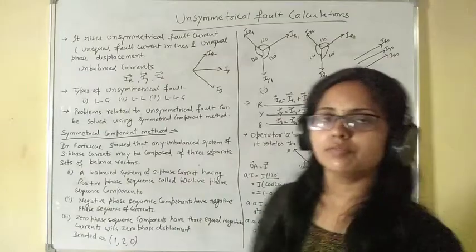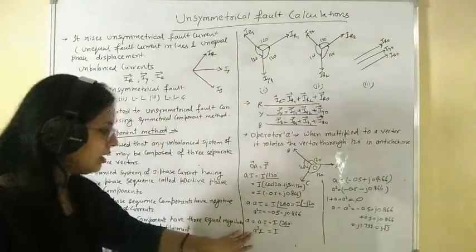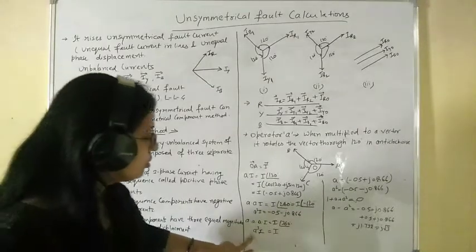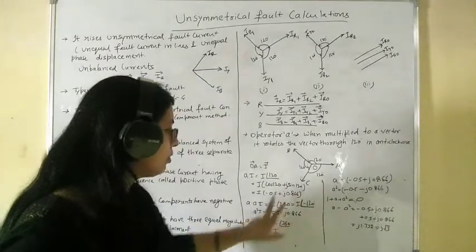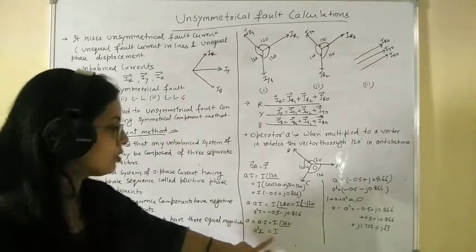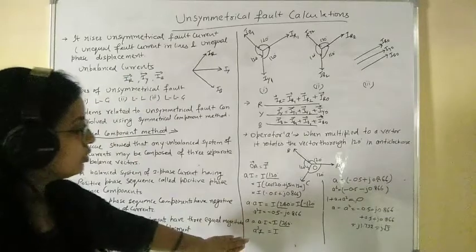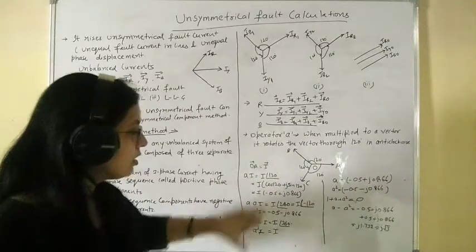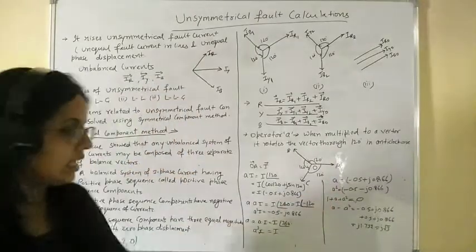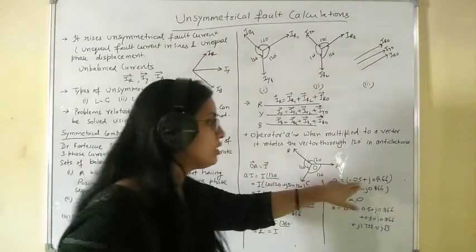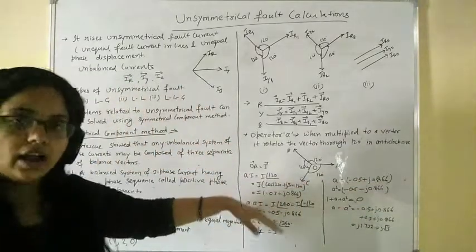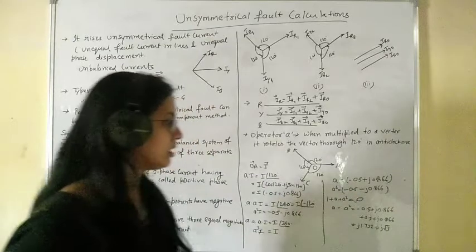Then similarly again when we multiply by A, we get I. So the rectangular form will be 1. That means A cube is always 1. So from this calculation we can say that operator A is always equal to minus 0.5 plus j 0.866 and A square is like this.